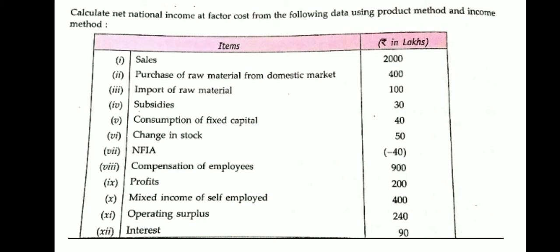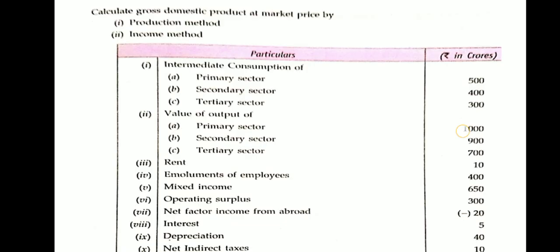Now over here you can see: calculate national income at factor cost from the following data using product method and income method. Both methods will give the same answer, and you need to calculate it with both methods.